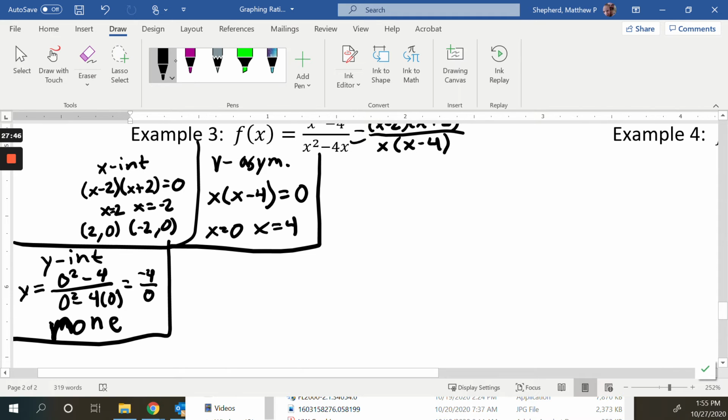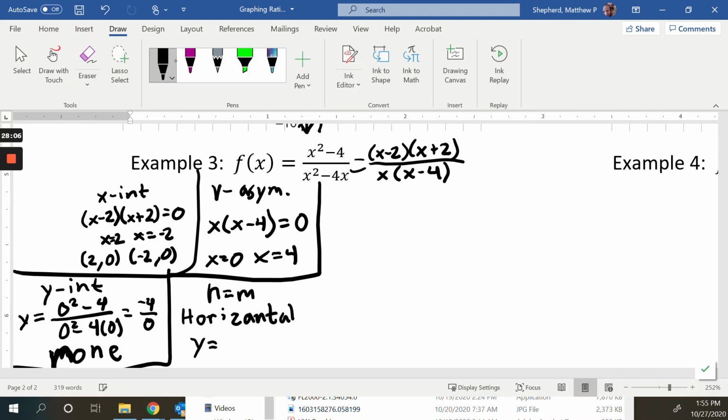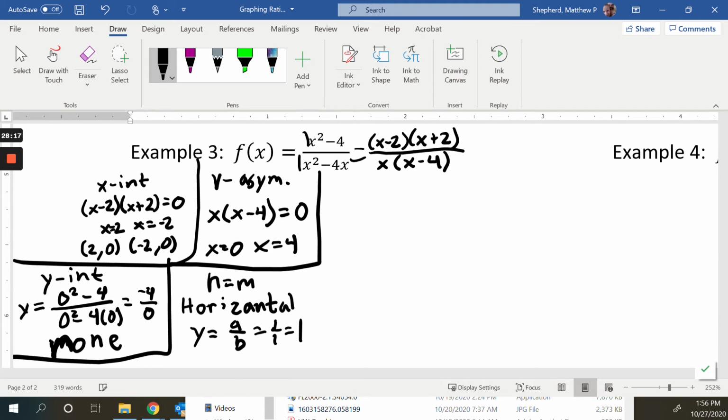Okay, so now for horizontal asymptotes or slant, we want to check the degrees. Both of them are 2's. So we know that n is equal to m. So we are going to have a horizontal asymptote. And this one we find by doing y is equal to a over b. Both of them were 1s. We had a 1 in front of the x, 1 in front of the x. So 1 over 1, which is just equal to 1.